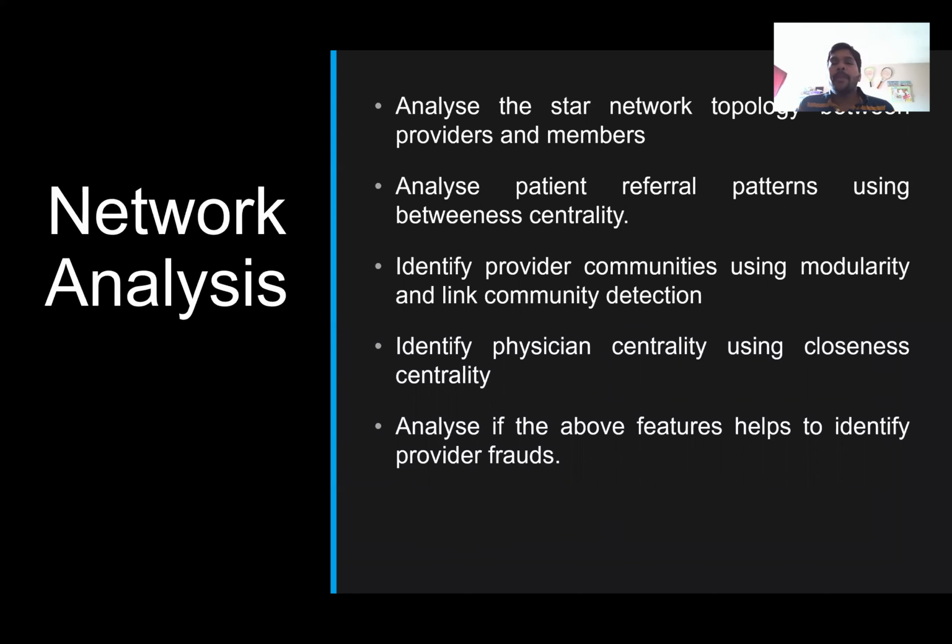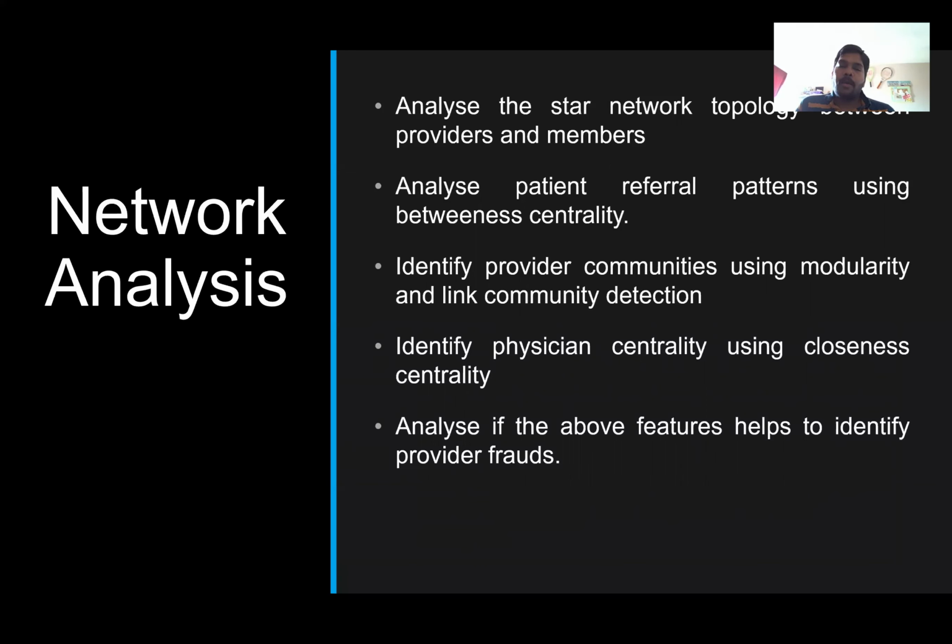And betweenness centrality was found to identify patient referral patterns. I'll show you in a while how it worked. The network model also identified provider communities using modularity. I assigned the modularity attribute to the nodes and ranked the nodes accordingly to see provider communities, and also link detection based on the link-com attribute.